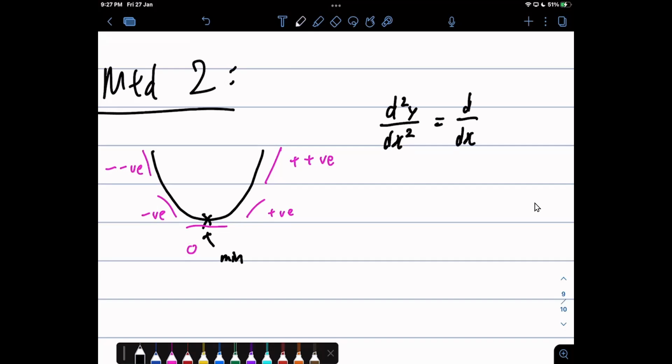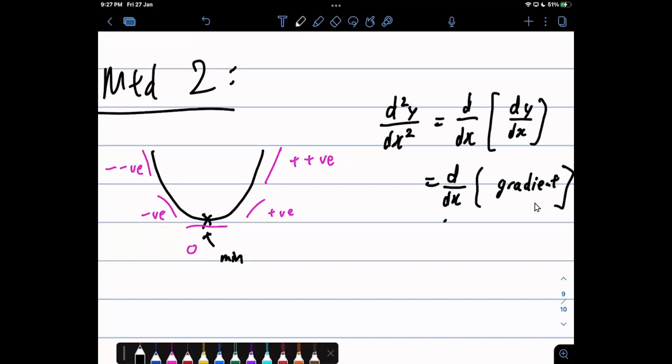But more importantly, it is the derivative of dy by dx, which is the derivative of the gradient function. This can also be interpreted as the rate of change. How fast is the gradient changing? It goes from very negative to 0 to slightly positive to very positive.